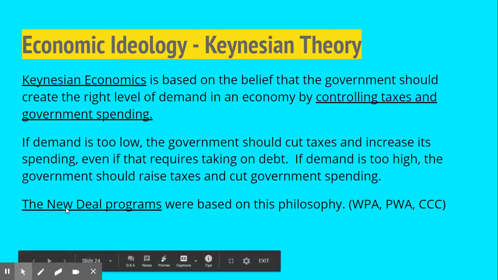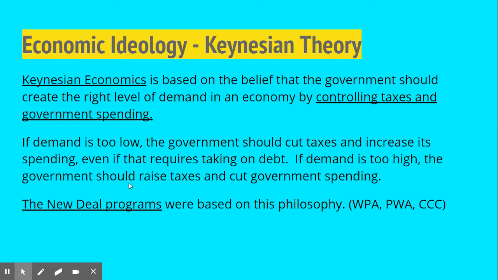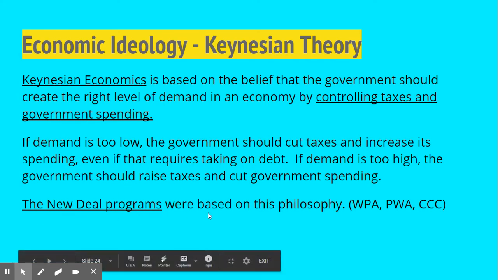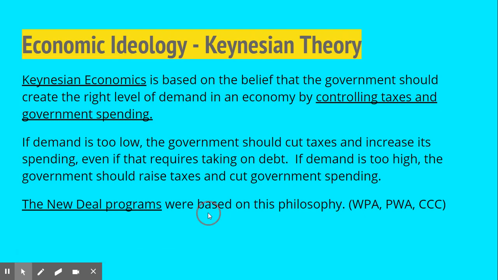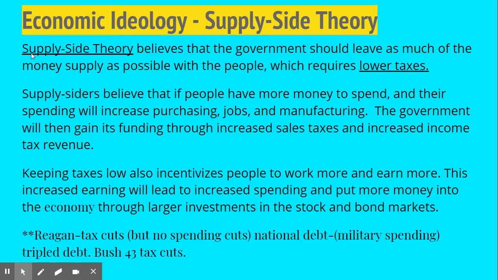Okay, a good example of that. So even if it goes into deficit spending, right? So if it requires taking on debt, example would be the New Deal programs. Okay, obviously those were Democratic ideas. So the other side of that is supply side theory. Okay, this would be considered sort of the Republican idea, and also known as trickle down, like we talked about before.